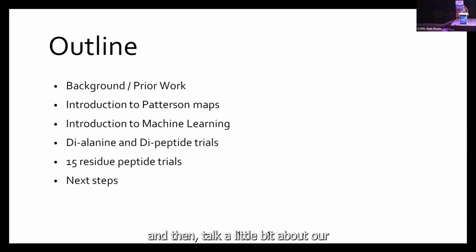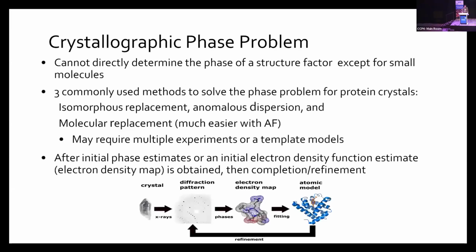Then I'll talk about our dialanine and dipeptide trials, how we've moved on to 15 residue peptides, and what our next steps are in trying to move from toy problems to real problems.